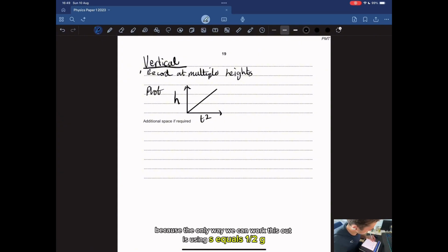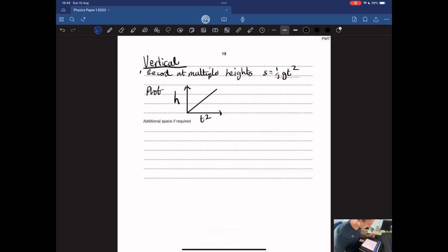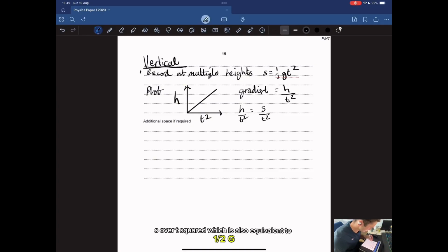Because the only way we can work this out is using s equals a half g t squared, the same equation we used in the last question. Where distance is going to be our height, right? So our gradient equals h over t squared, which is equivalent to s over t squared, which is also equivalent to a half g.